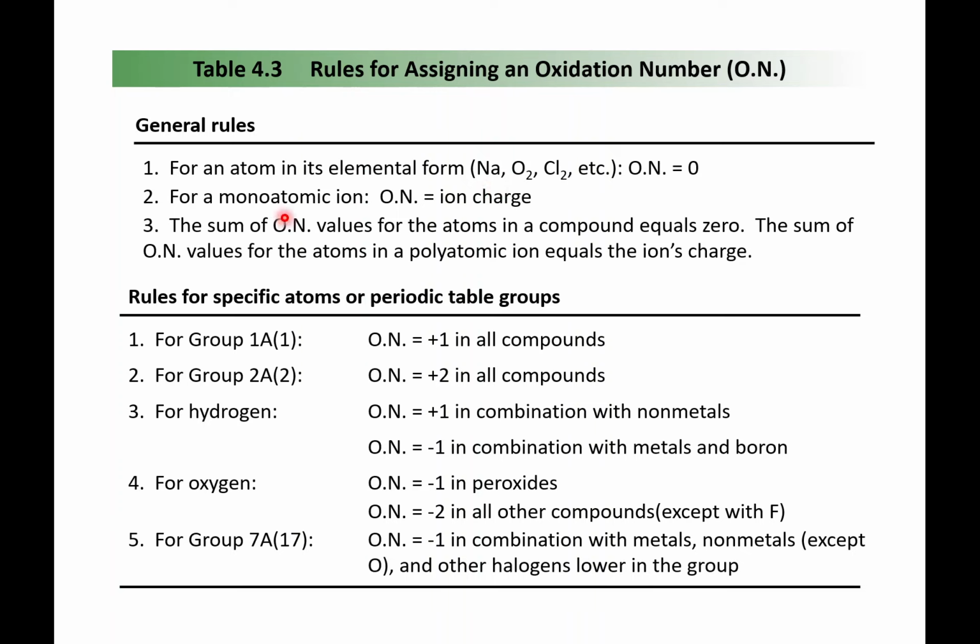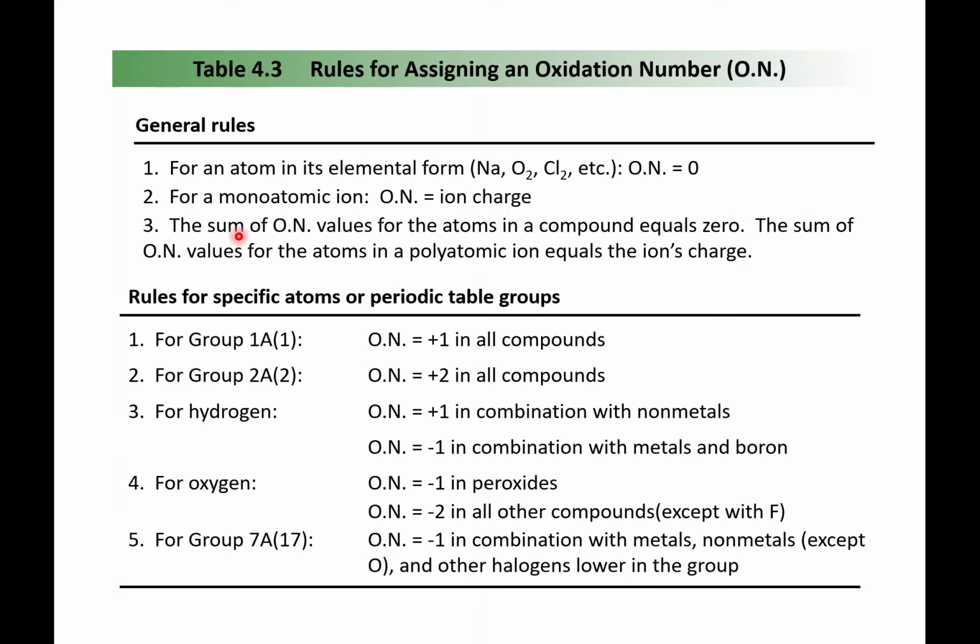Okay. For a monatomic ion, the oxidation number is equal to the ion's charge. So if you have a +1 metal, its oxidation number is going to be +1. If you have something that has a negative charge, its oxidation number would be whatever the negative charge is.